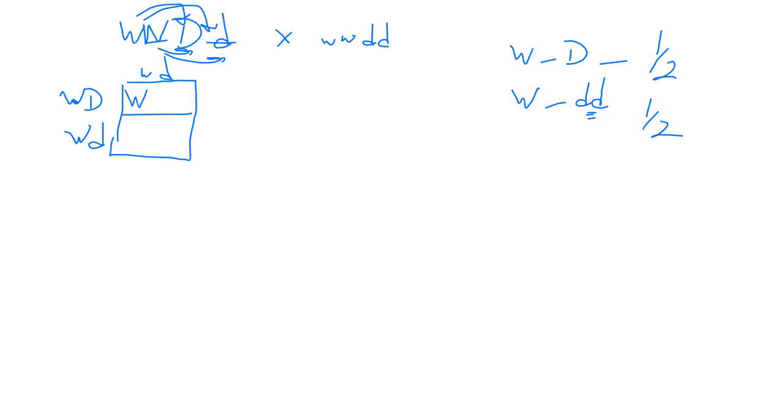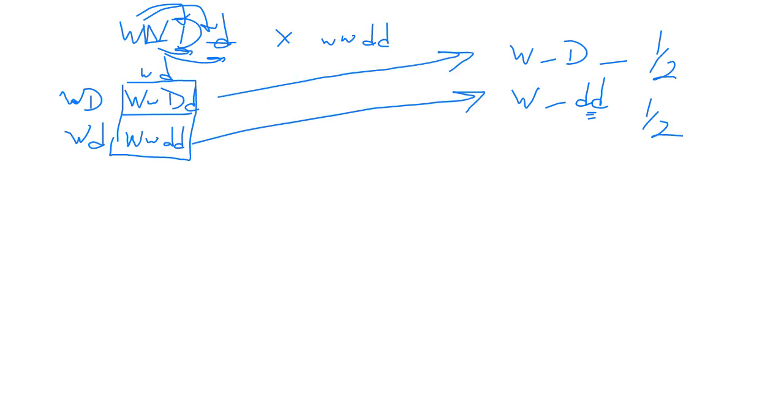So big W, big D, little d. Big W, little d, little d. 50-50, right? Now we know this one is big W, big D, little d, and little w. 50-50, half and half, or 1-to-1.